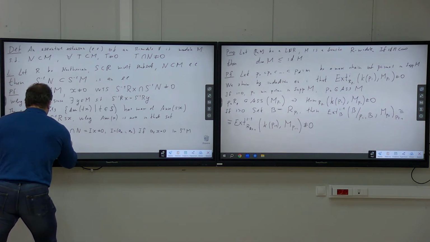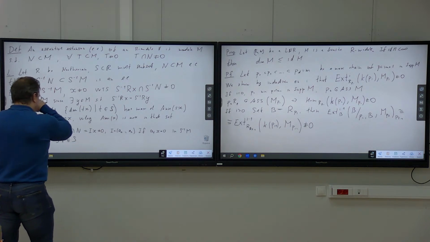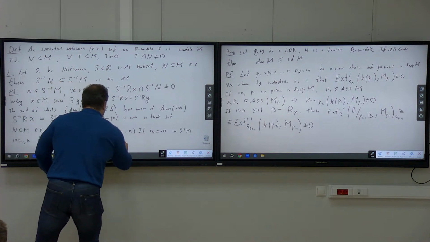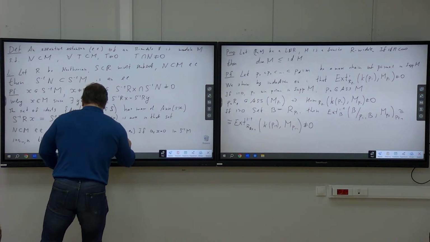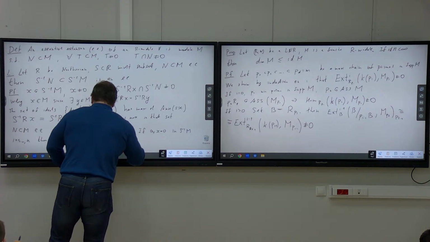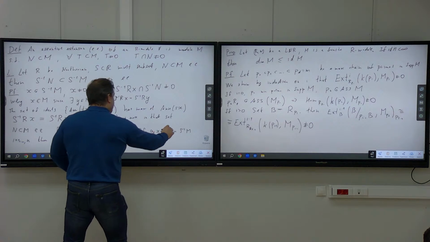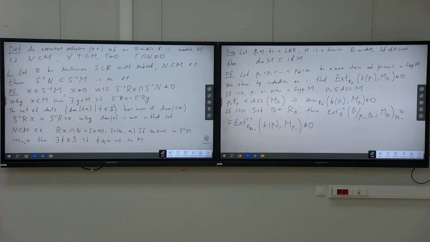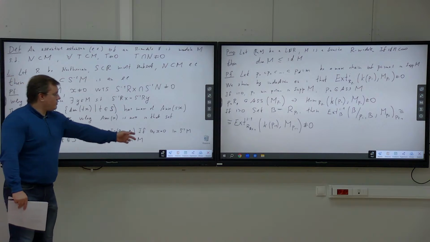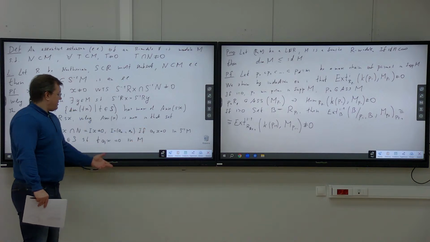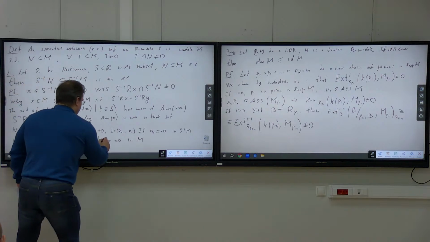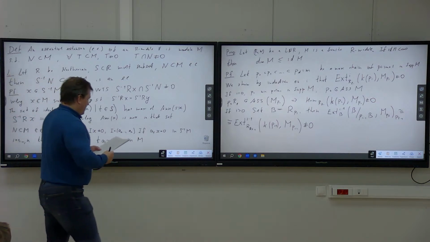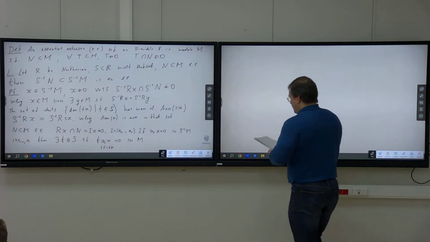Then there is an element t in the multiplicative set S such that t a_i x is 0, but now not just in S inverse M, but in M. As usual, if an element is 0 as a fraction, you can multiply it by some t_i such that the product is 0 in M, and then t is the product of all these t_i's.